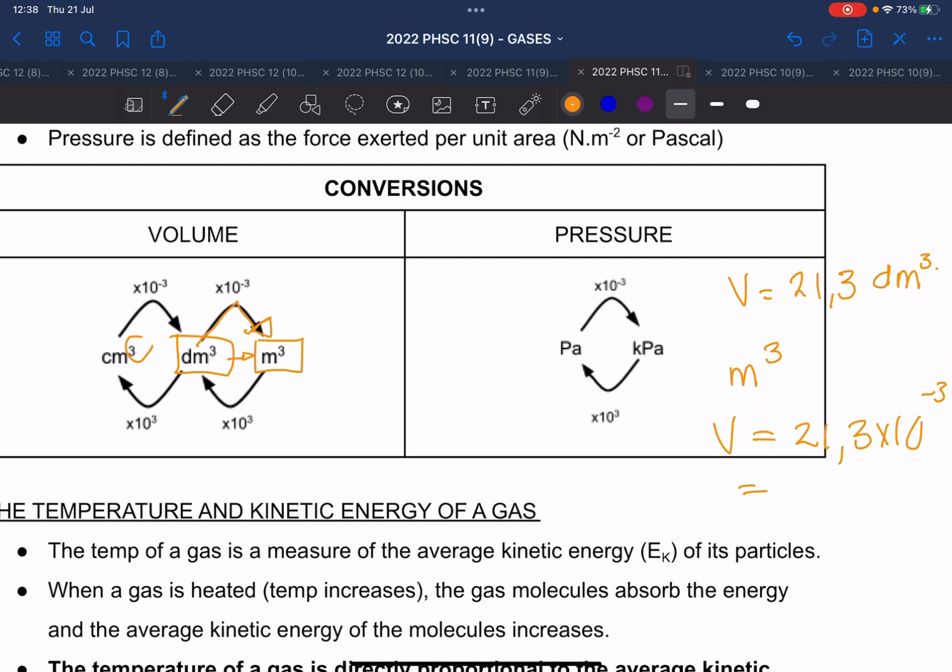And just say 21.3. If you put it in the calculator, it will probably give you 2.13 times 10 to the minus 4, if it's in scientific mode.